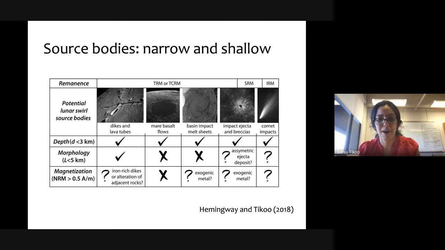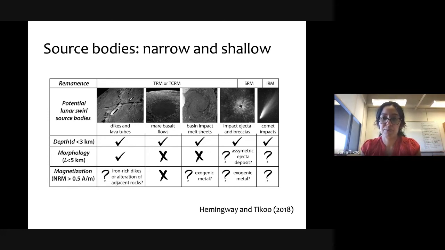Then Mare basalt flows are unlikely because even though they're shallow, they are not narrow. Basin impact melt sheets can also be shallow but are not narrow. Impact ejecta is certainly a strong contender. You could have asymmetric ejecta deposits that create rays or land in clumps that can have different morphologies.